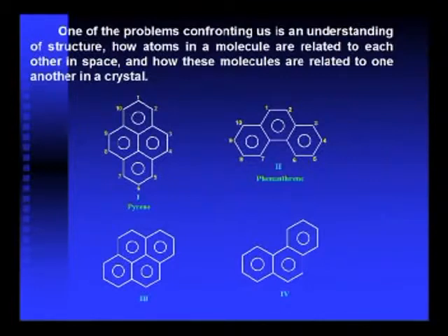Now we have to see what the equivalent positions are in the given diagram. It is very clear that positions 1 and 6 are equivalent, 2, 5, 7, 10 are equivalent, and 3, 4, 8 and 9 are equivalent. So there are 3 sets of equivalent carbon atoms in pyrene.